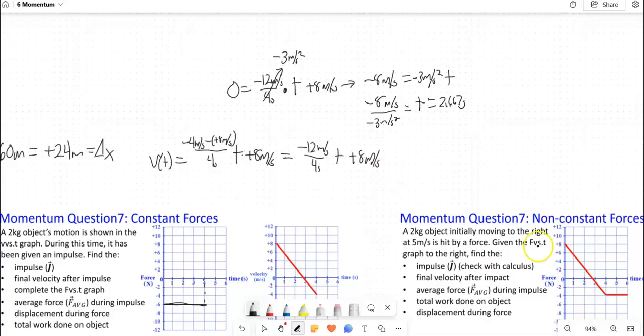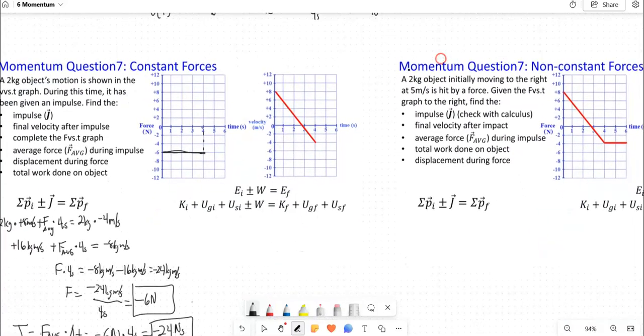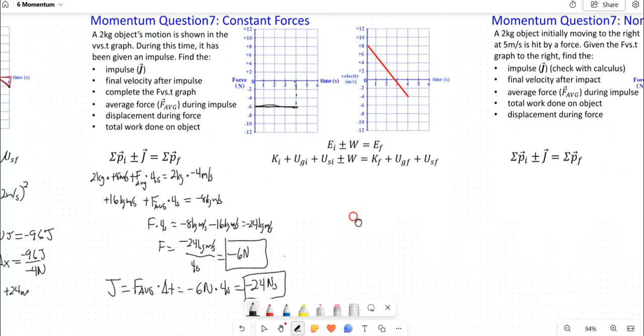So you don't want to find the area underneath this line if you're a Physics 111 student. The area underneath this line is the displacement, but what I recommend if you're 111 is do it this way. You've got 2 kilograms.